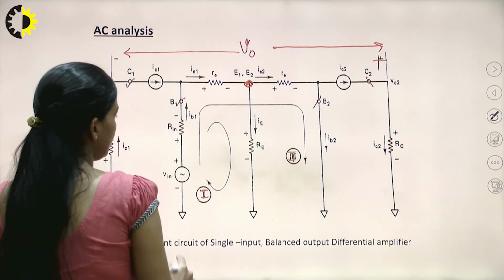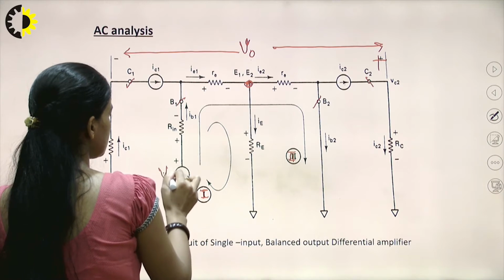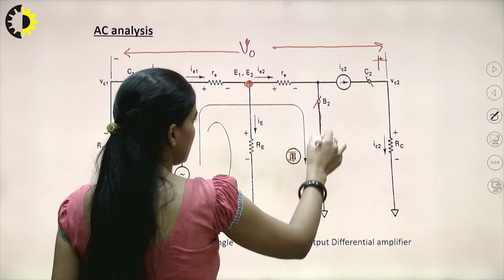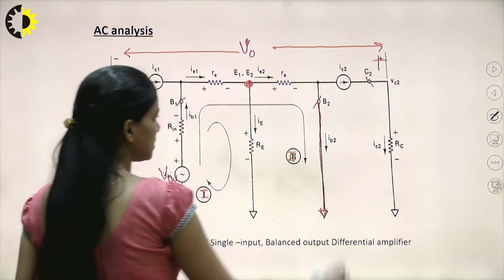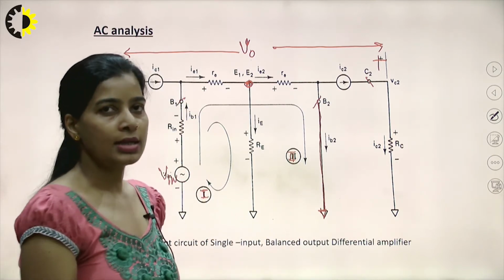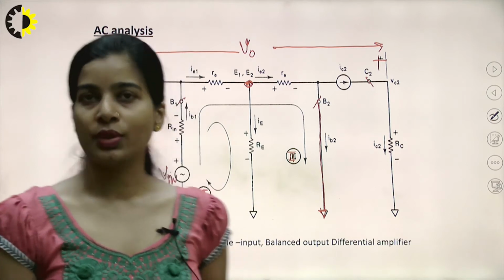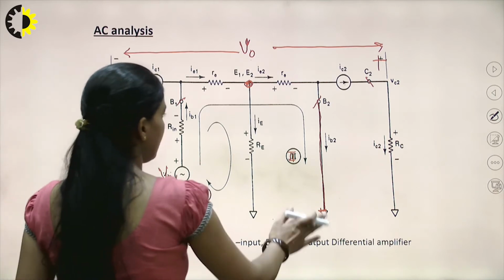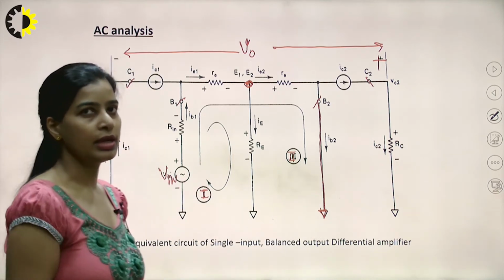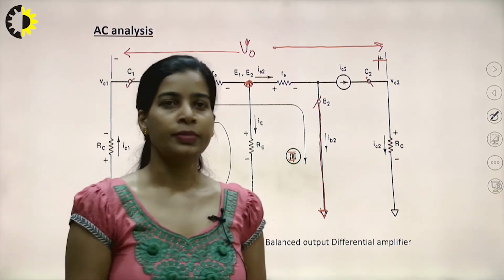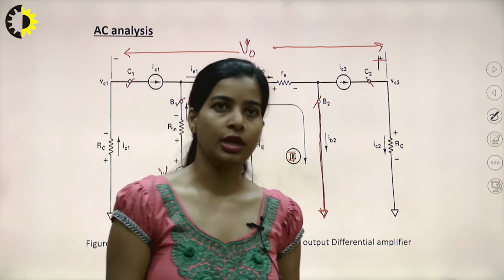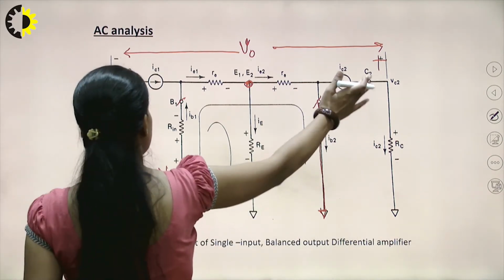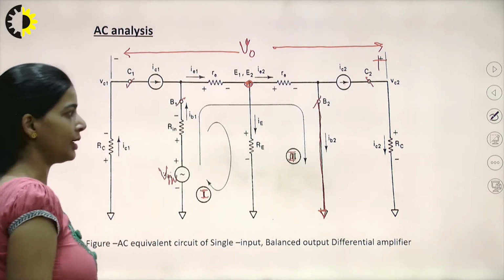In loop 1 we are having the input voltage, and in the branch of base 2 there is no voltage source present, as in the circuit from which we have made this AC equivalent circuit we do not have any input source connected at the base of transistor 2. That is why it is a single input configuration, and balanced output because we are finding it between the two collectors.